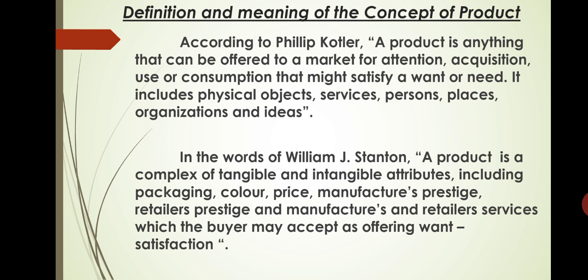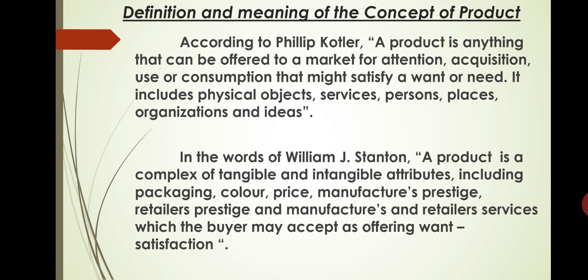In simple terms, a product is a bundle of tangible and intangible attributes such as physical objects, design, brand, packaging, label, color, price, services, and the reputation of the manufacturer, the wholesalers, and the retailers, which provide want-satisfying benefits to a buyer in an exchange.